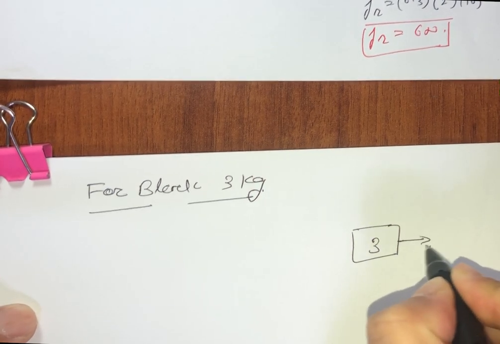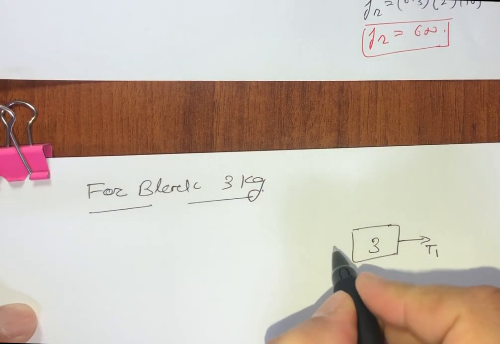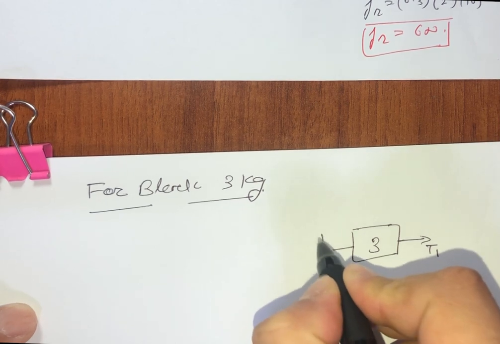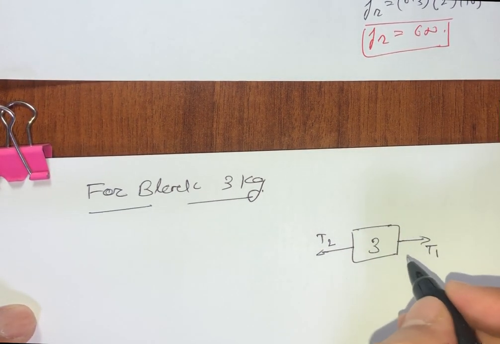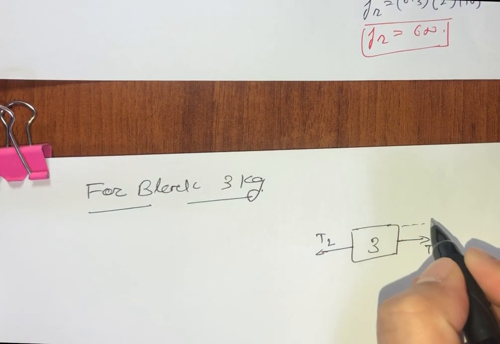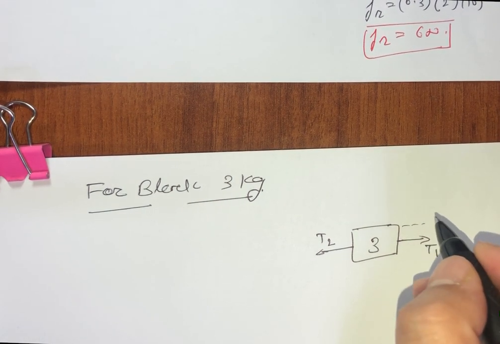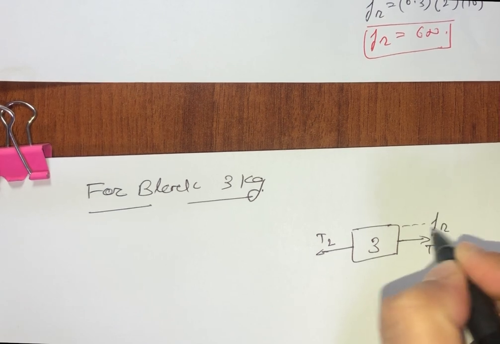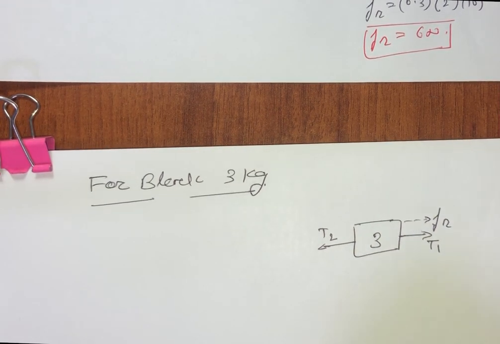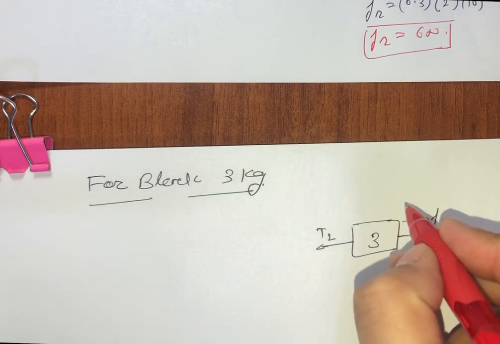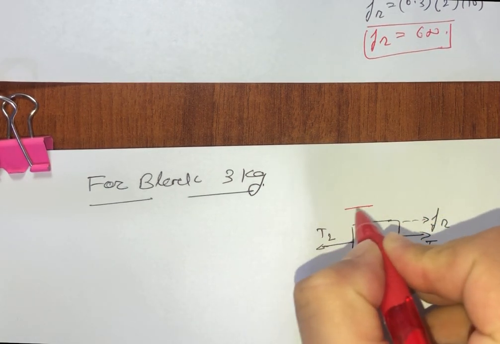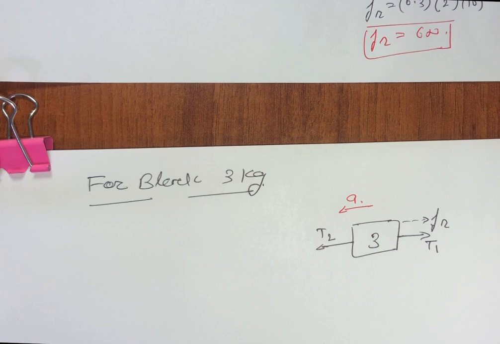There is a tension T1, and T2 will be in this direction. And because of friction between 2 and 3, there will be a frictional force FR in this direction. I think that will be sufficient because we are only interested in the horizontal motion and the acceleration is in this direction.